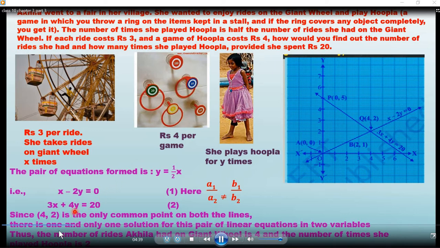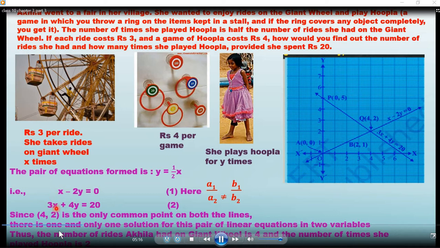So Y games 4 into Y. Now she went to the Mela with ₹20, or we can say that she spent ₹20. So she sat on giant wheel X times. So she spent 3 into X. She played hoopla for Y times. Each time 4 rupees. So 4 into Y. 3X plus 4Y is equal to 20. This is the second condition.